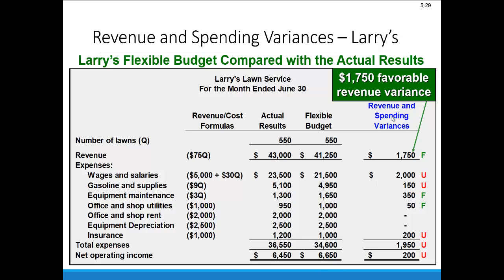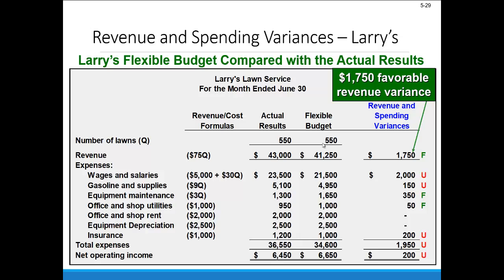So now, starting with the revenue line, we have a revenue variance of the difference between those revenue amounts, $43,000, the actual result, versus $41,250, the flex budget result, for a difference of $1,750. Again, the actual result is greater than the flex budget, so we'd say that's a favorable revenue variance. Important to reiterate here that this is caused by something other than that difference in activity between the expected and planned levels, because we've already accounted for that.